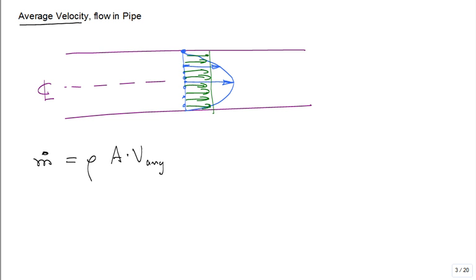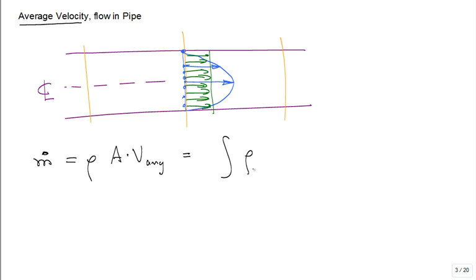This is a cross section of the pipe, and the mass flow rate through each of those cross sections would be the product of the density times the area times the average velocity. Somebody says, but we just learned how to do that using an integral.